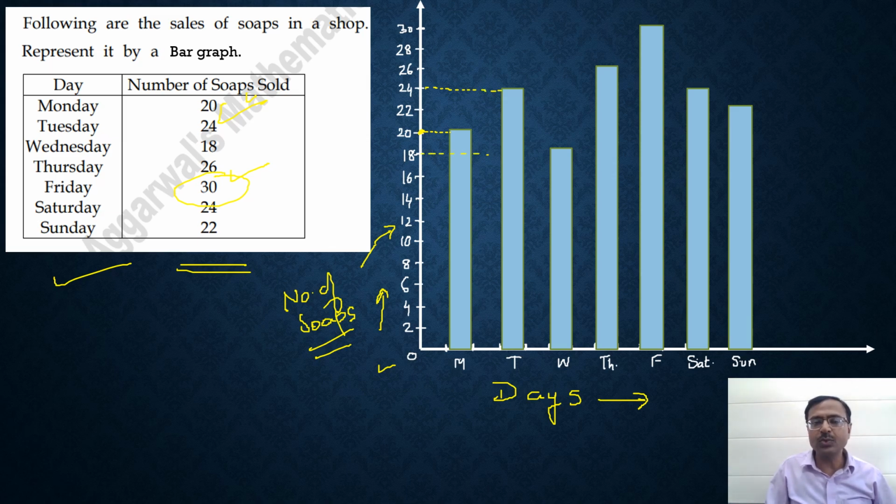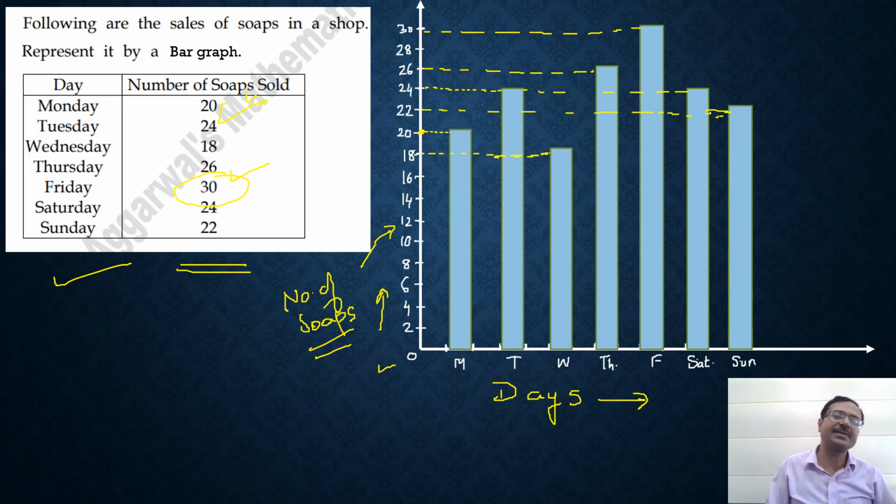On Wednesday it's 18, and then on Thursday it's 26. On Friday it's 30, and similarly on Saturday it's 24 again, and on Sunday it is 22. So you can see the height of the rectangles has been taken up to the value which is given in the table to us.